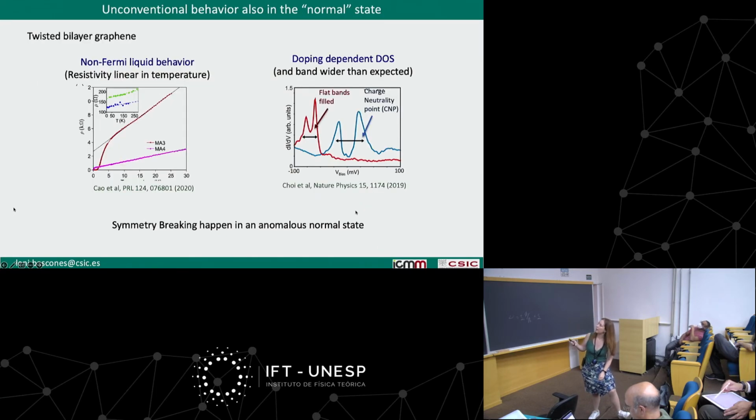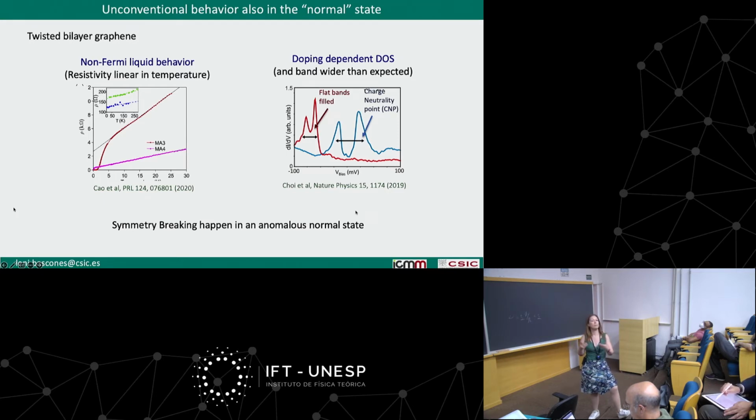Okay, but it's not just that we have a lot of insulating states or symmetry breaking states. If we go to the normal state, we also see a lot of unconventional behavior. So before I was telling you that the quadratic behavior of the resistivity with temperature was a behavior that we expected when correlations were introduced perturbatively. So they have observed a behavior which is resistivity linear in temperature.